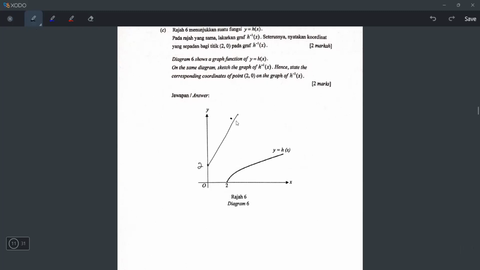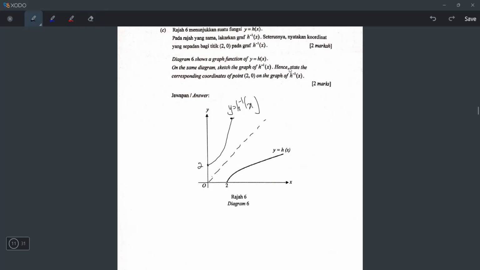So don't draw straight. Draw like a reflection on this line. It will look like this, nearer. So this is the h inverse, and this is y equals h(x). That's how you draw it.